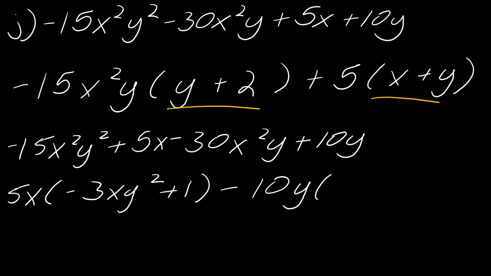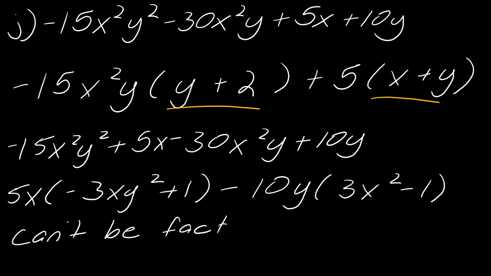If I factor out negative 10y, that is going to leave me with 3x squared plus 1. Or not plus 1, minus 1, because the signs have to flip. Okay, and so you can see here that this actually still doesn't work out. These are still not the same. So once again, I just want to throw out these examples here. This one can't be factored. So it would be prime again.